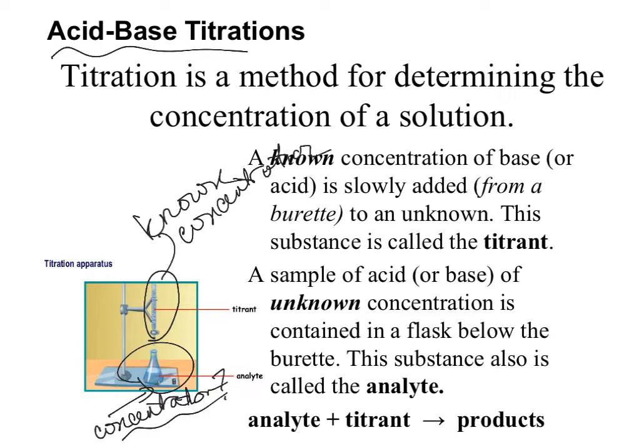And by monitoring how much of the known concentration of base it takes to neutralize the unknown concentration of acid, you can use stoichiometry to find out what this concentration is. The unknown substance is called the analyte, and the known concentration of substance is called the titrant.